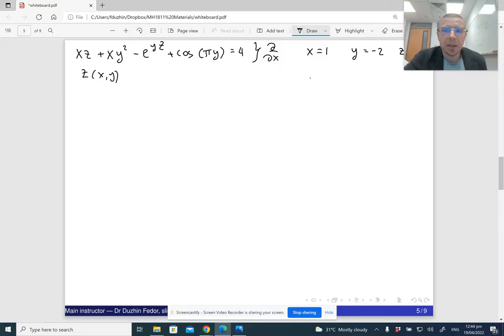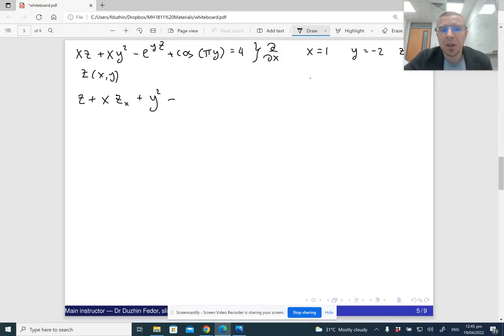Now x times z is the product of two functions, so we've got to differentiate it by the product rule. The derivative of x with respect to x is just 1 times z plus x times the derivative of z with respect to x. Plus, now x differentiated with respect to x is just 1, so y squared. Here there is no z. Minus, and here there is no x, so we've got to differentiate e to the yz with respect to x, where z is in fact a function of x.